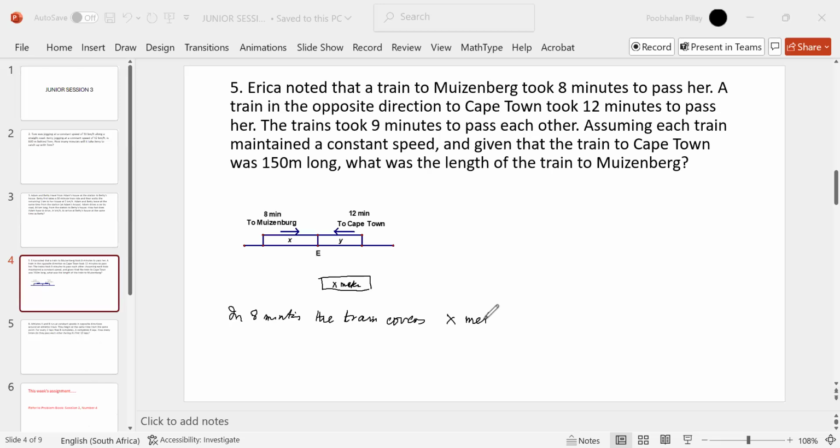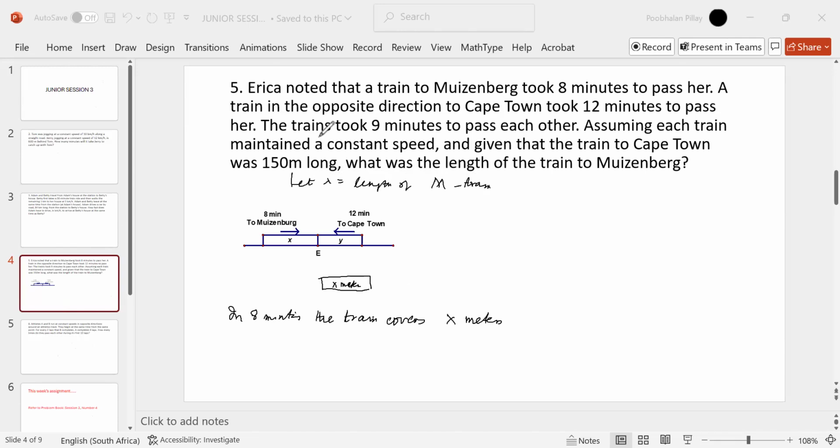Now, X is the length of the train, so we have to write down what X is. X is the length of the Musenberg train. I'm going to call it M train. That's the train which is going to Musenberg.